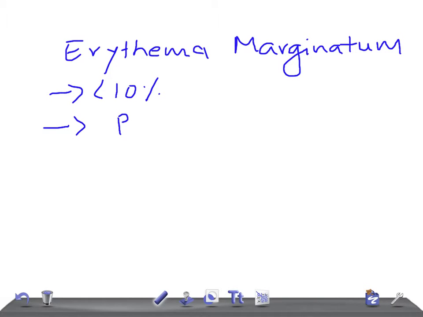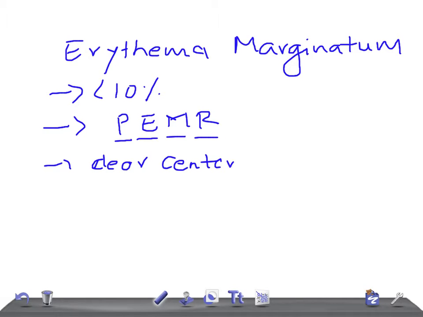It often has a clear center and serpentine outline. Remember, the characteristic of this erythema marginatum is that it's non-pruritic, no itching.